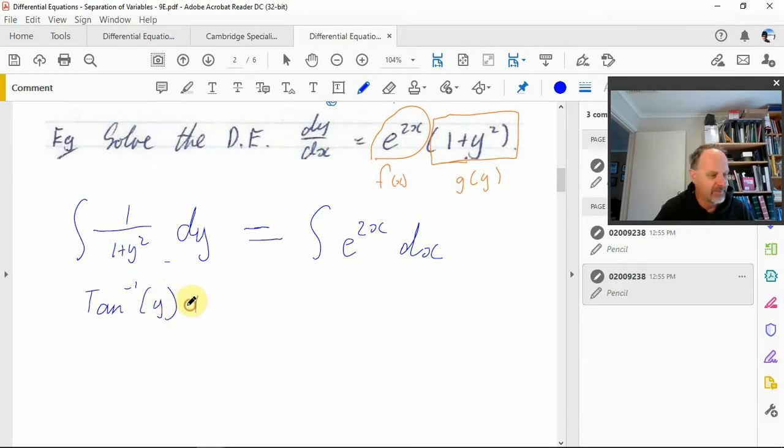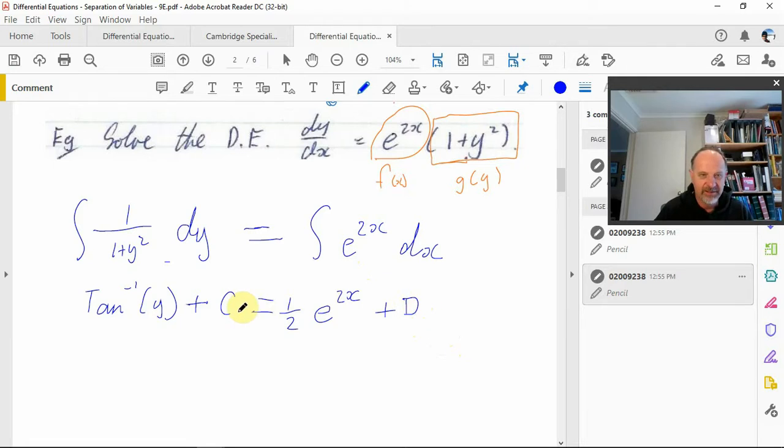And again, remember, plus some constant. And over here, it's an e to the 2x, but of course we need to bring the constant in, and when we're anti-differentiating, there's nothing there already, so we need to have a half. And then plus some constant as well.